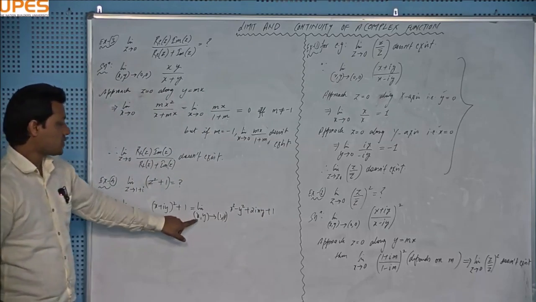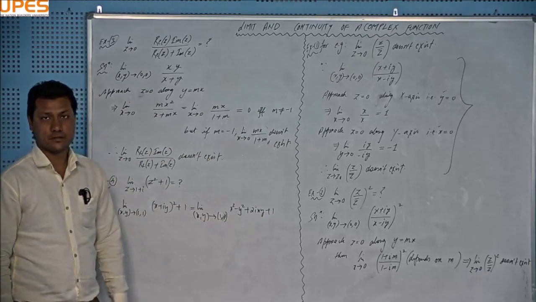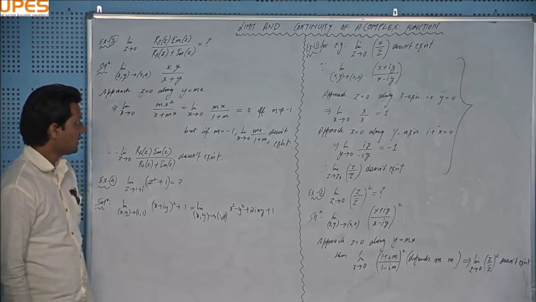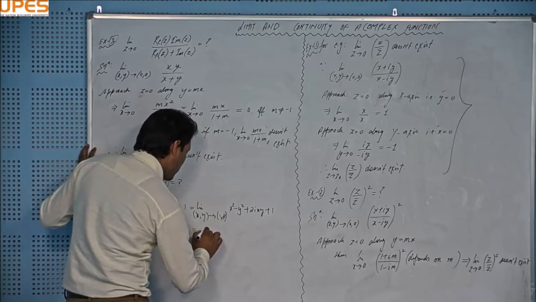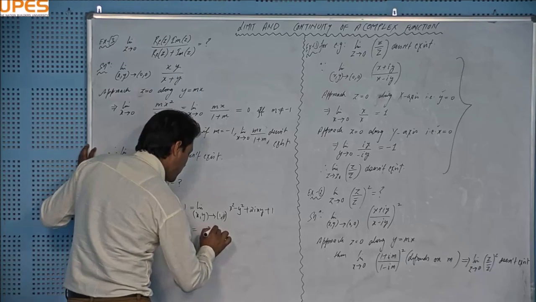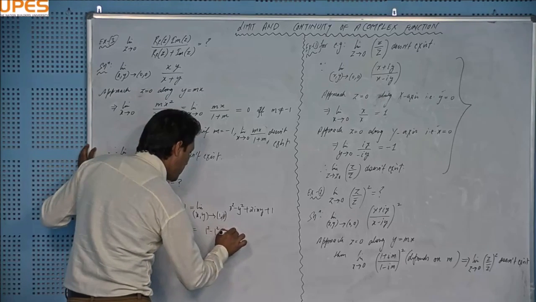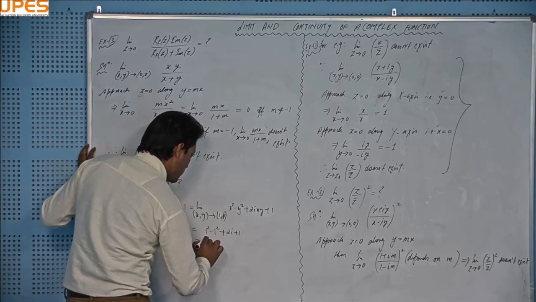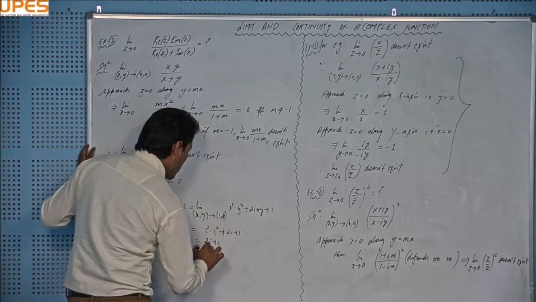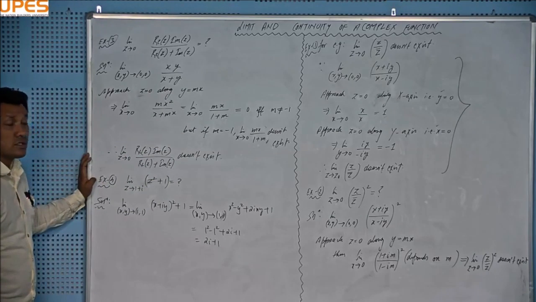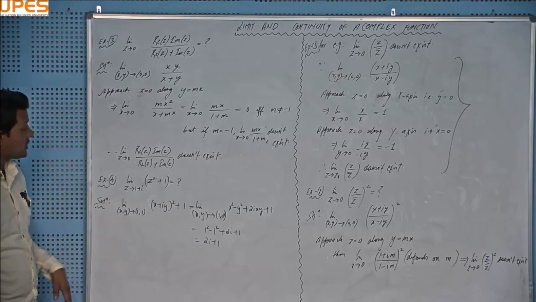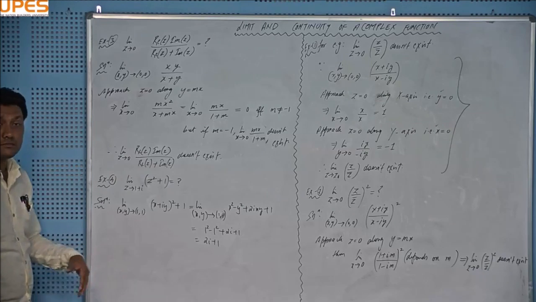And then plug x equal to 1 and y equal to 1 directly. This will give you 1 square minus 1 square plus 2 eta plus 1, and that will produce 2 eta plus 1, right? So this is the value of the limit.